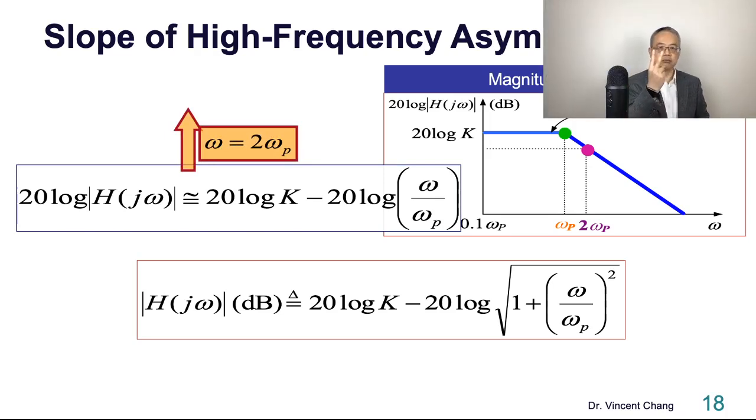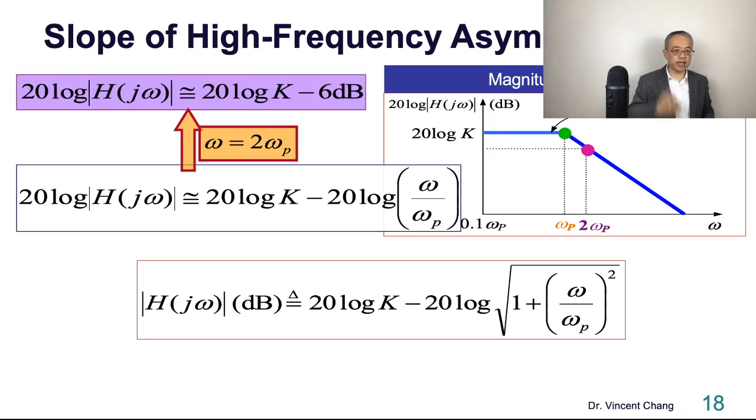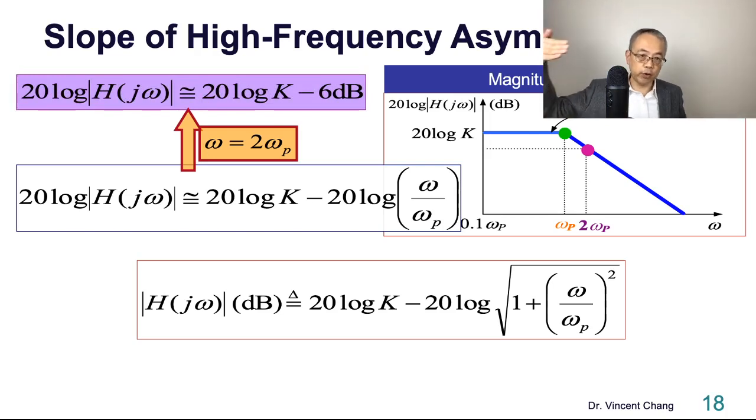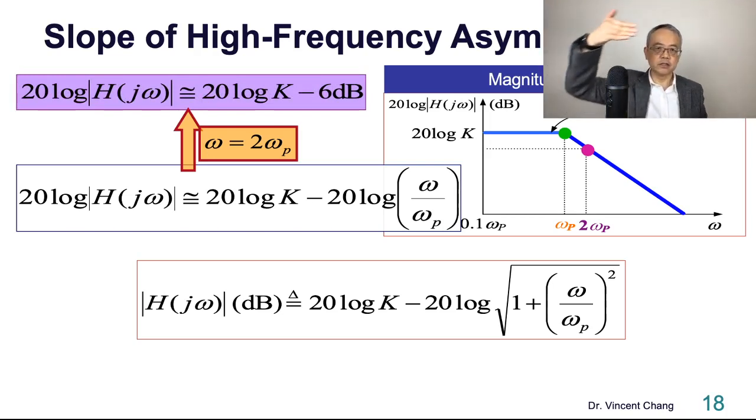Log 2 equals what? You can just punch the calculator. Log 2 is 0.3. So 0.3 times 20 is 6 decibel.